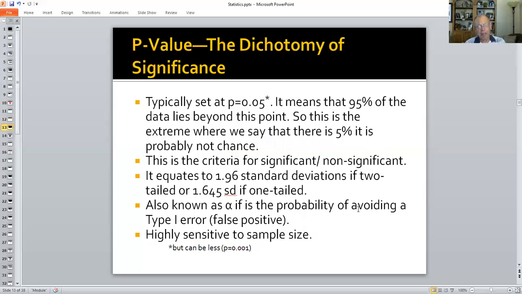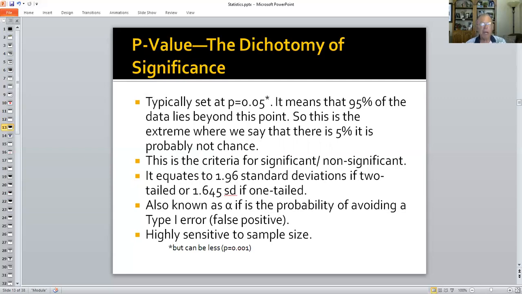P-value. Okay. This is the dichotomy of significance. And it's typically set, I spoke about this before, at 0.05. It means that 95% lies on one side, and it's the extreme 5% we want. We're going to say that 5% is the probability that the result is not chance.